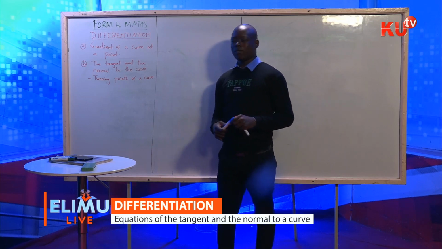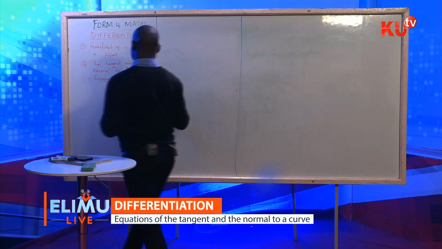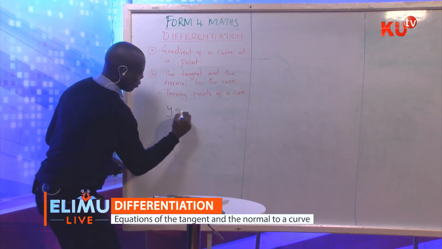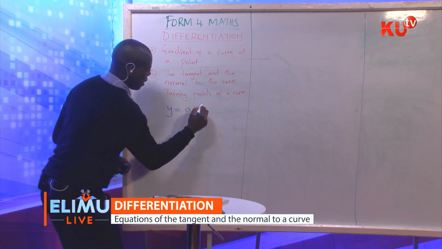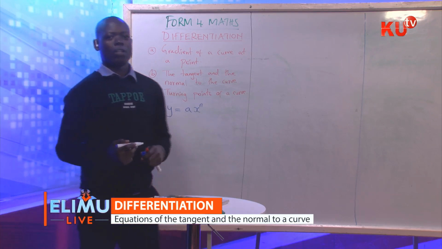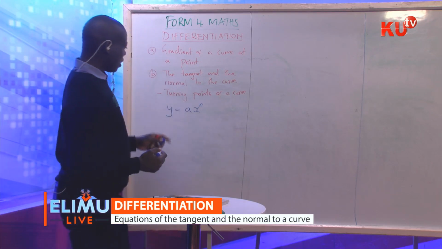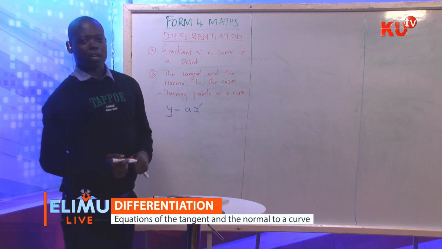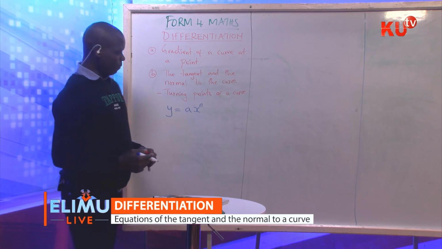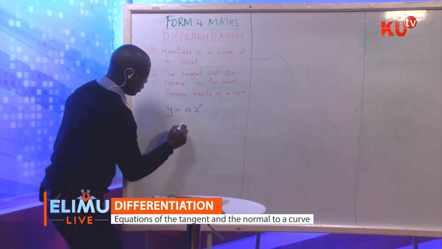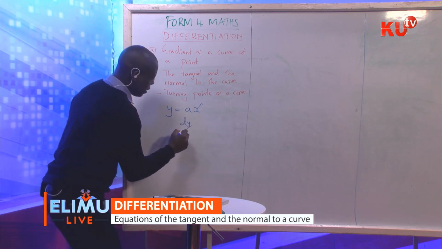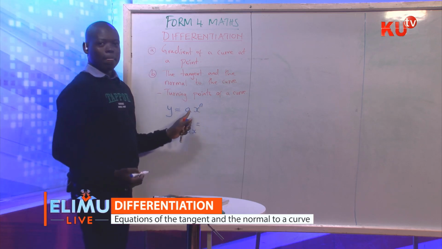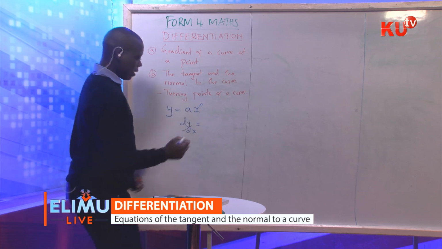the coefficient. Good. What we mean is a general expression y is equals to ax power n. A general equation y is equals to ax power n is the equation of a polynomial representing the equation of a curve. How do you differentiate? We take dy dx, and we've said we will have n multiplied by a.